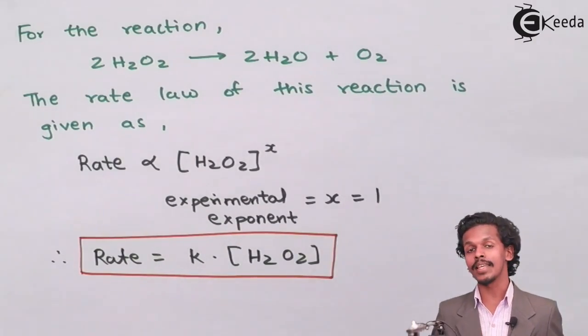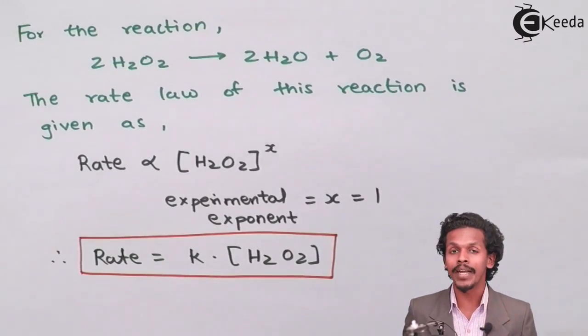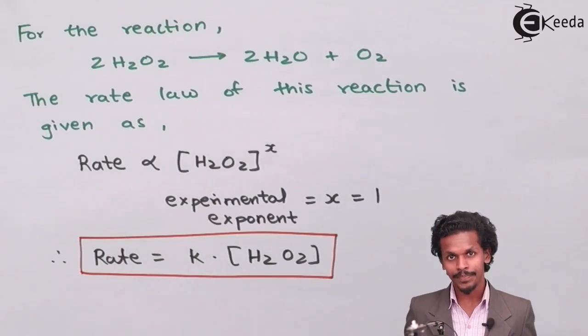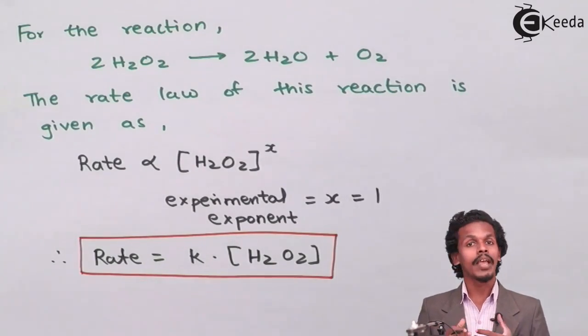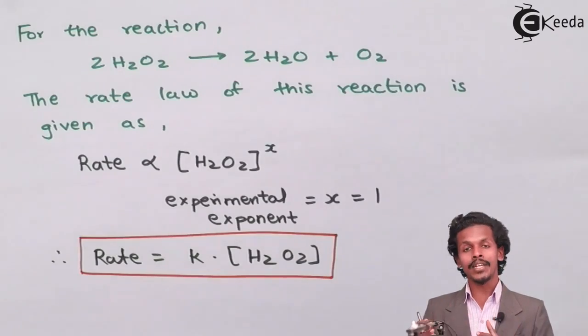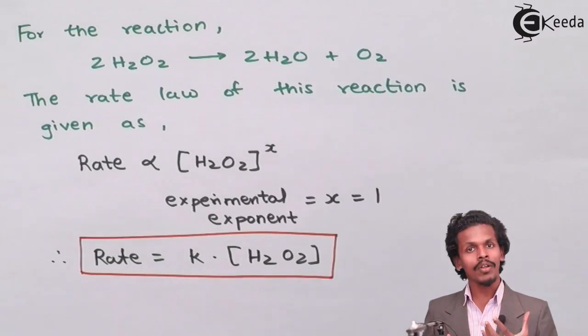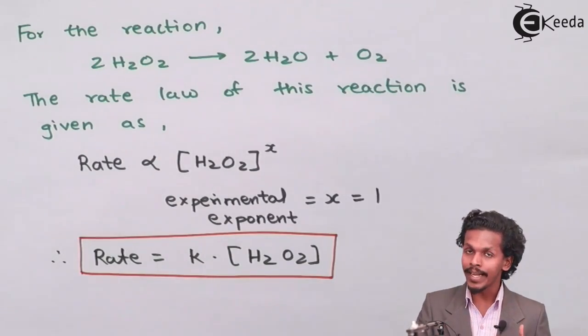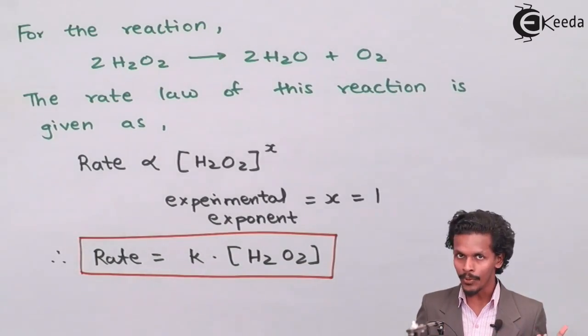So it is not necessary that for a reaction the stoichiometric value should be equal to the experimental exponents. So by this we have understood what rate law is. For different reactions and for different conditions, the rate law will behave differently based on the concentration of reactant or based on the experimental exponents.